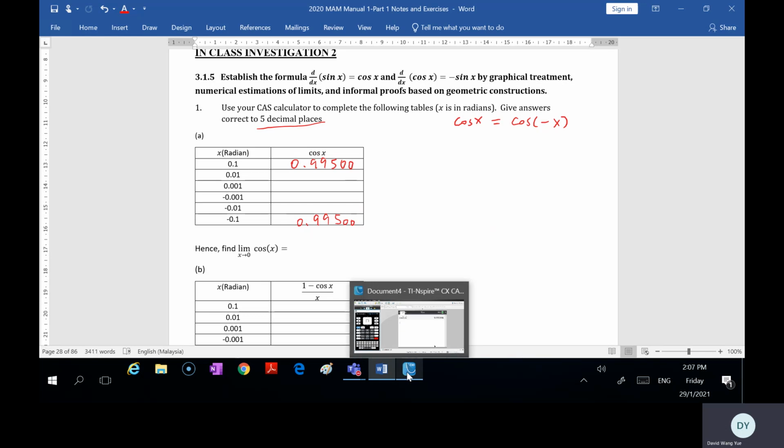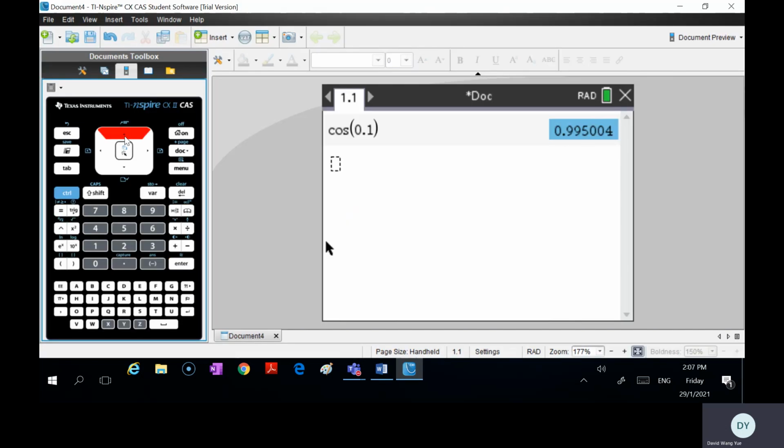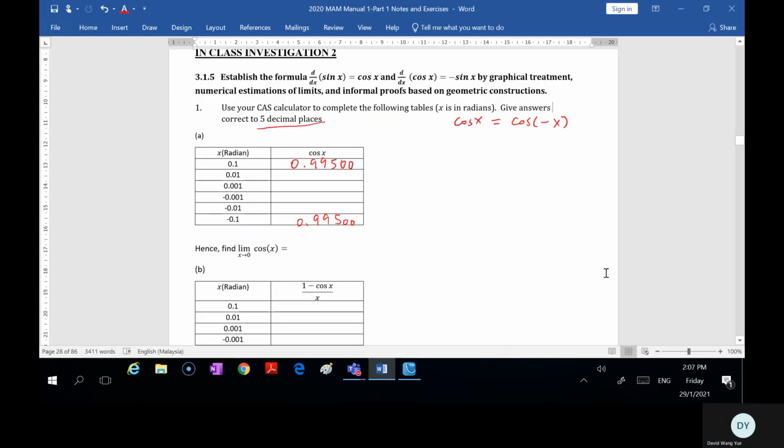Now cosine 0.01. Move the cursor on top, enter, so duplicate the function, then change to cosine 0.01. That gives 0.99995. Same as cosine negative 0.01, also 0.99995.